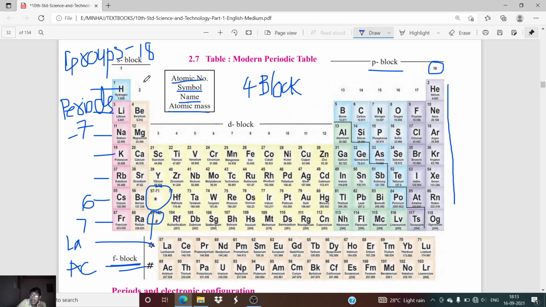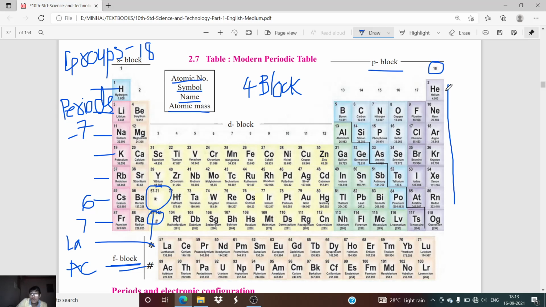In S block you will find alkali and alkaline earth metals. In D block you will find transition metals. In P block you will find non-metals, inert gases and metalloids. And in F block you will find inner transition metals.